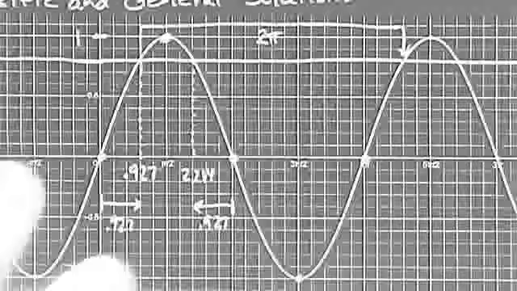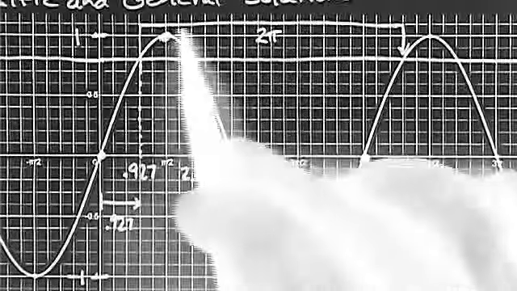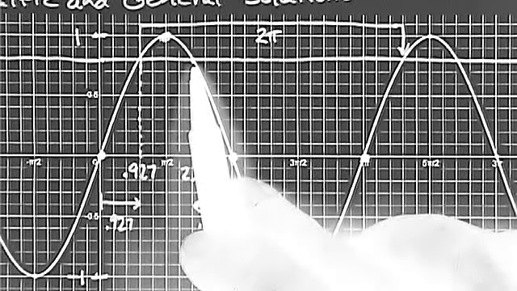Now I want you to notice something though. I want you to notice that when I added 2 pi, I skipped the other solution right here. Each time you add, you need to look and say, did I skip over one of the possible solutions?